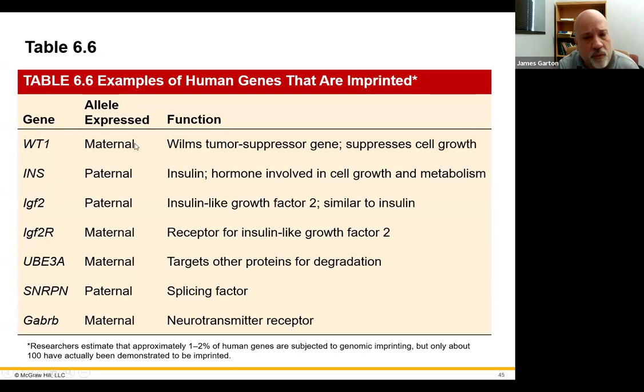For example, this is a Wilms tumor suppressor gene, which suppresses cell growth. And then you have a gene that encodes insulin-like growth factor, etc. And for whatever reason, you express the allele you get from one parent or the other.